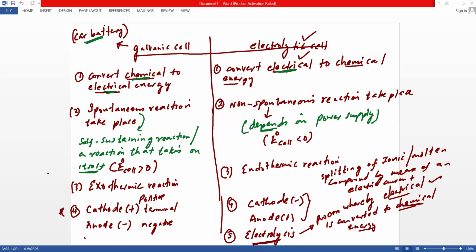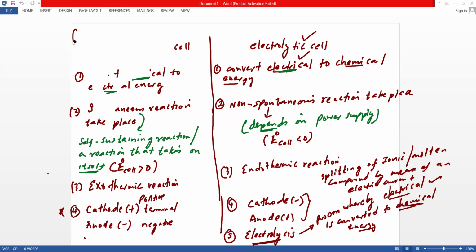For example, a galvanic cell has two half cells separated by a salt bridge, whereas an electrolytic cell has no salt bridge. These are the things one must understand when analyzing electrochemical reactions. Very important.